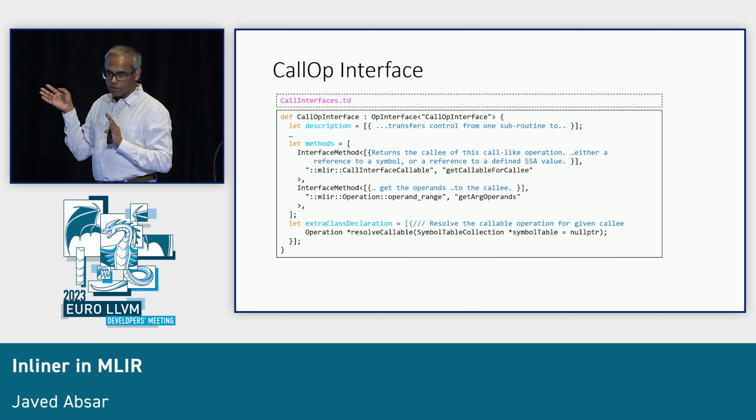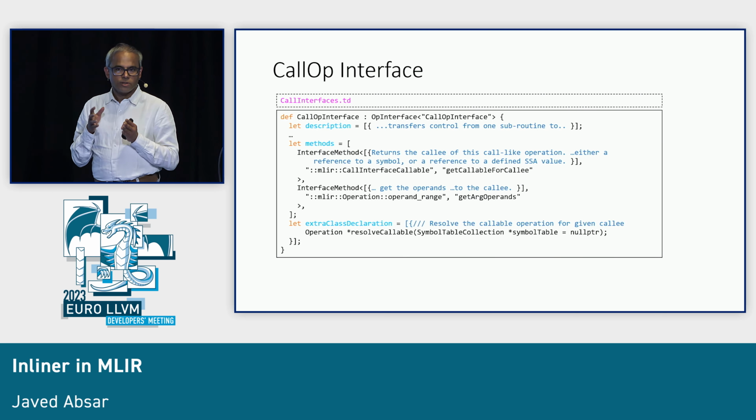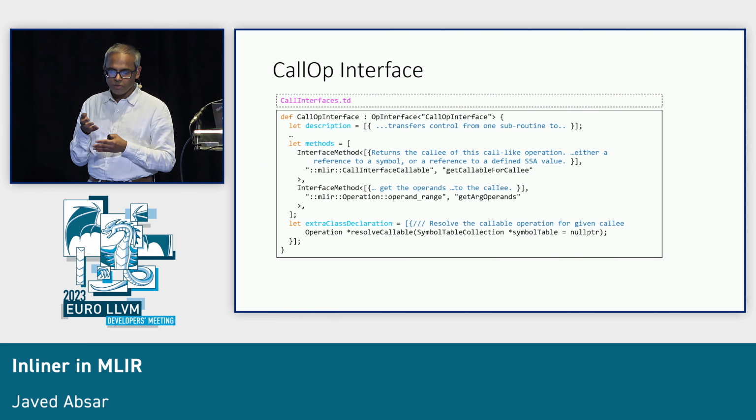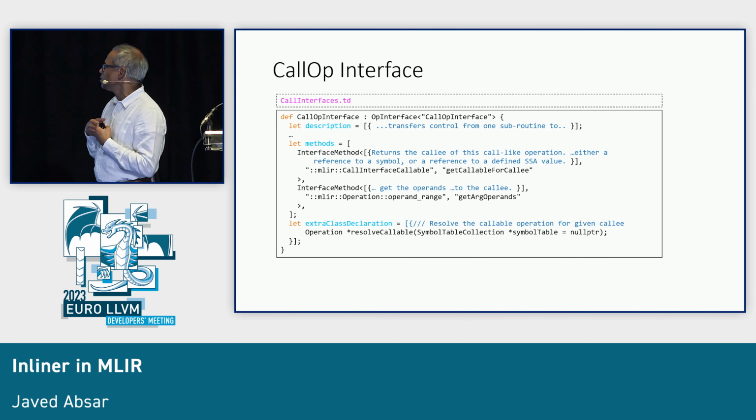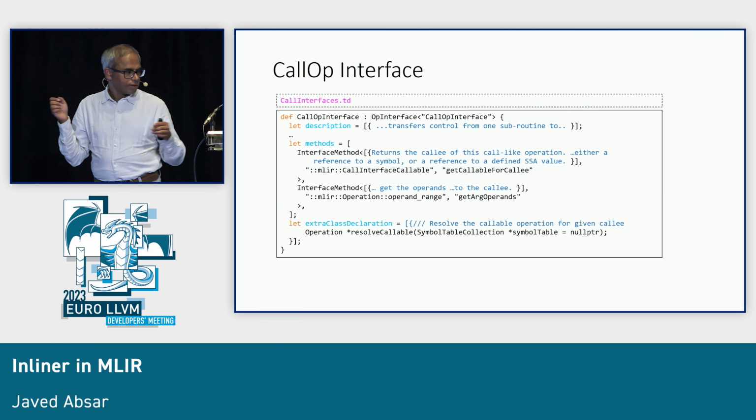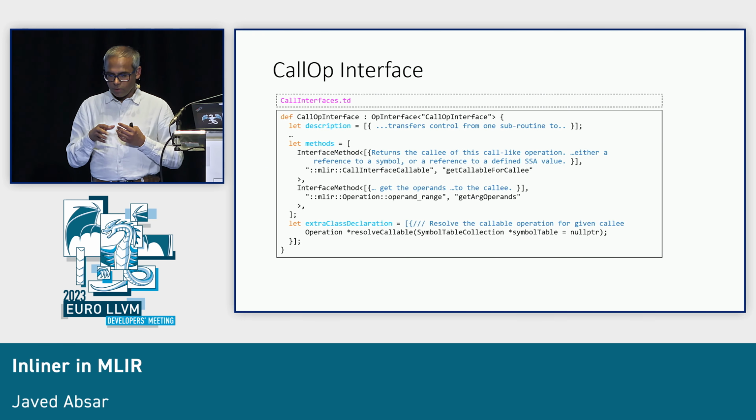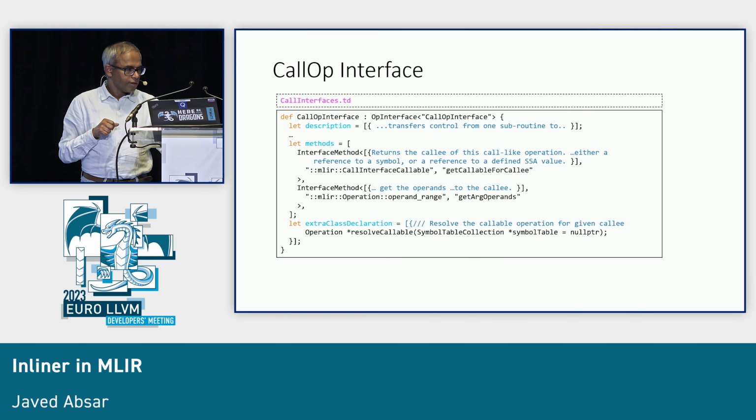In this case, you can see it's not a dialect interface, it's an op interface. Certain ops are calls. So the contract is, if it's a call op and you inherit from this, then you must provide the methods: who is your callee, what are the arguments, and things like that. You can look these up in the CallInterfaces.td file.